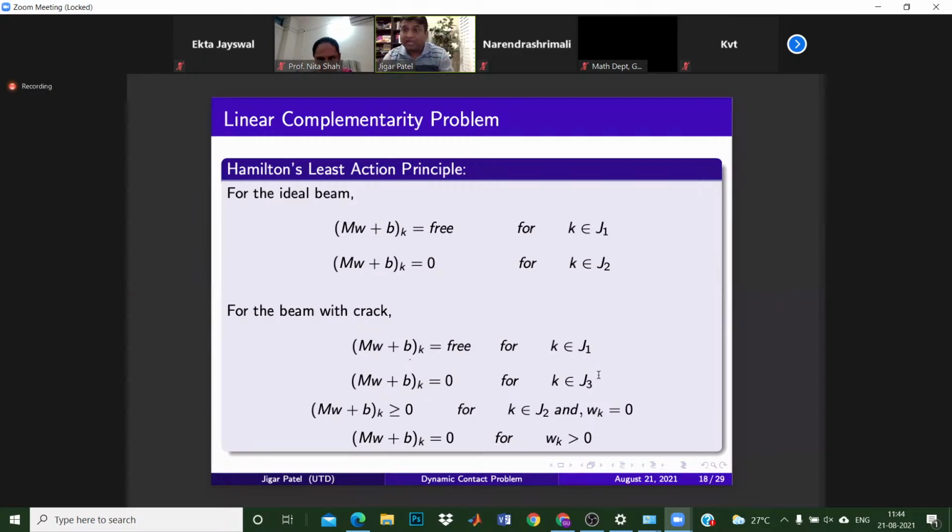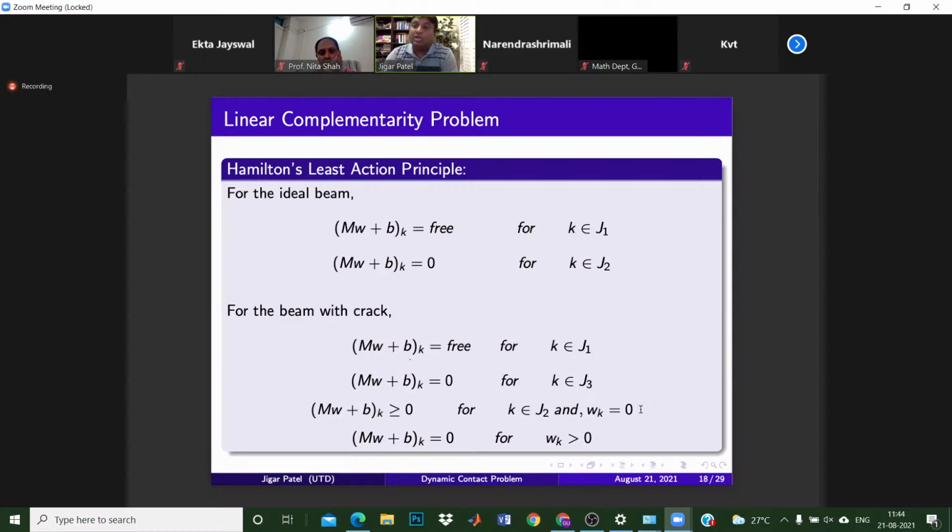And this is really two conditions. Condition number 1: MW plus B at K is going to be positive or 0 whenever K is in J2 and WK is 0.